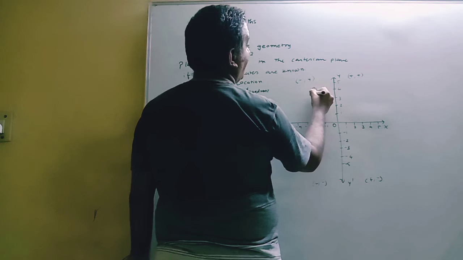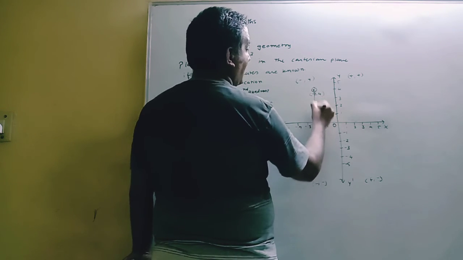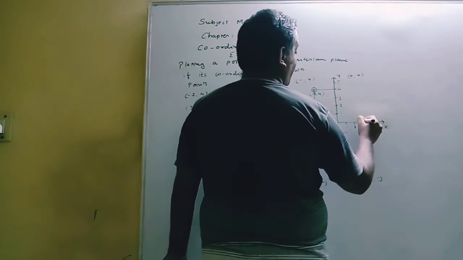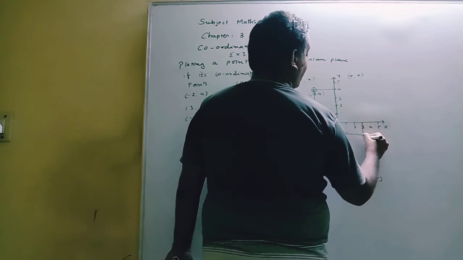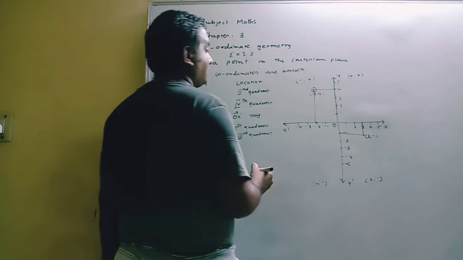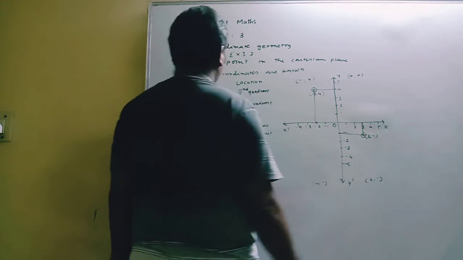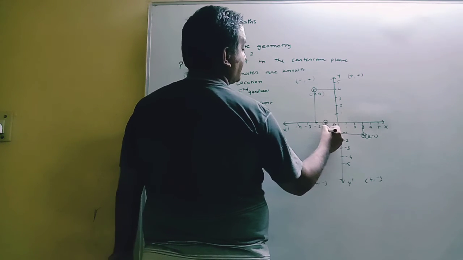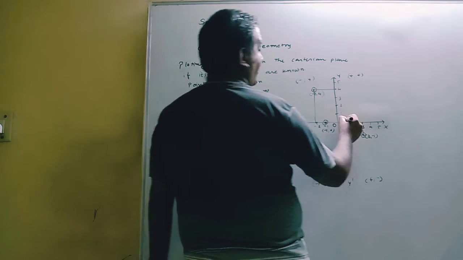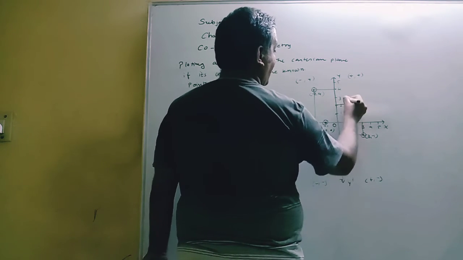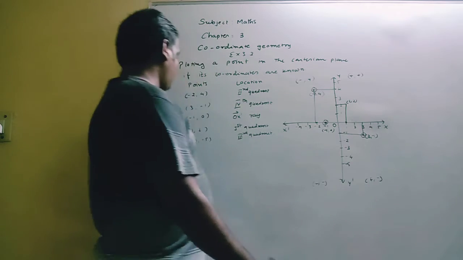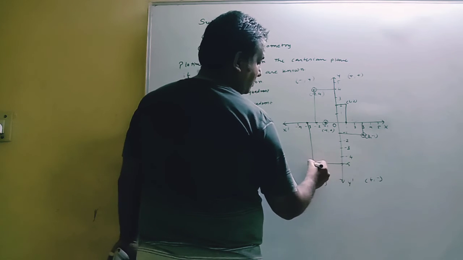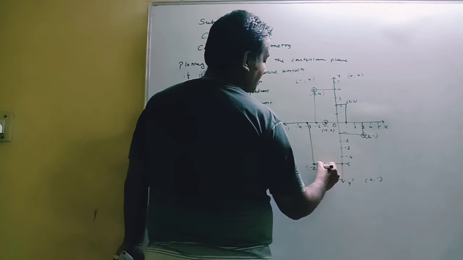So this point will be -2 and 4, as we draw the line here. (3, -1), so x is 3, y is -1. In this way we draw the line, and this point will be (3, -1). (-1, 0), this point will be (-1, 0). (1, 2), so x is 1 and y is 2, so we draw the line and we represent (1, 2). And (-3, -5), so x is -3, y is -5, this intersection point will be (-3, -5).